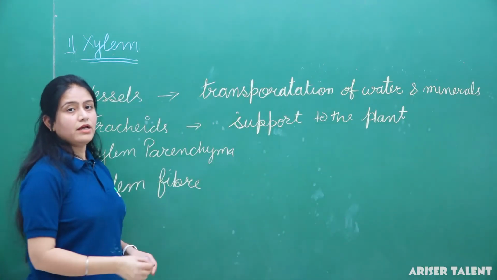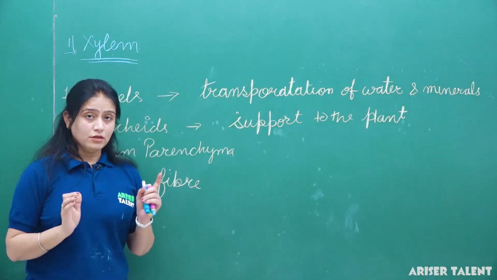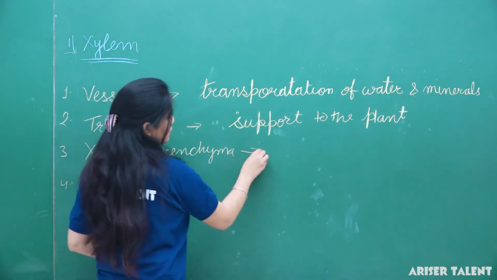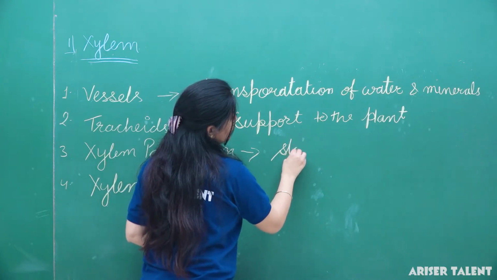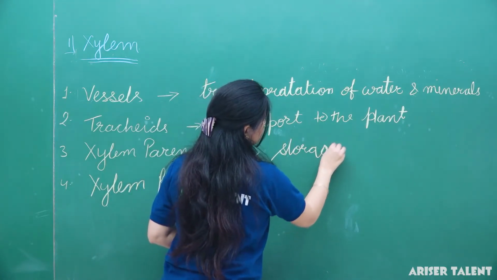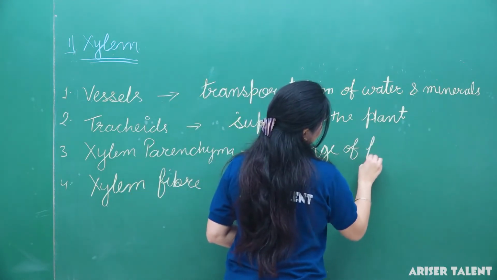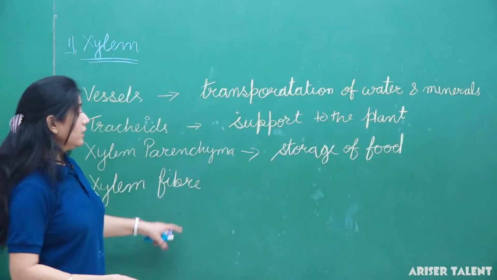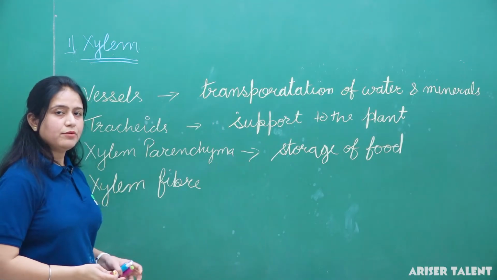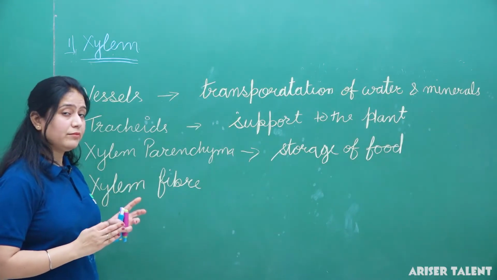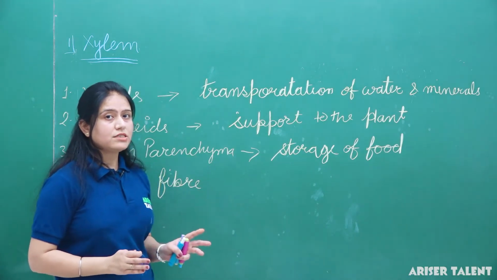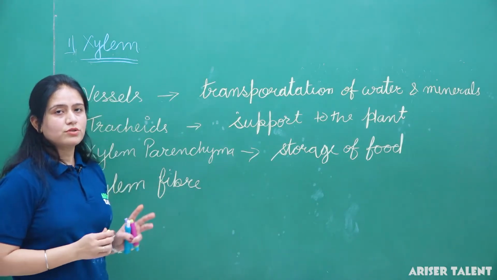Xylem parenchyma, as I told you, does the function of storage. Here the xylem parenchyma also stores food. What is the food here? Water. And these are xylem fibers. They are made up of dead cells, so definitely the cell wall is thick, and if the cell wall is thick, it will give support to the plant.